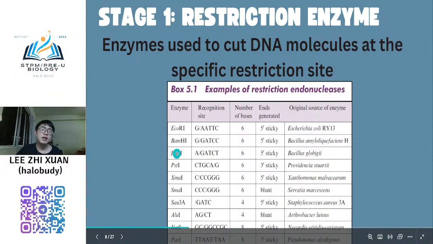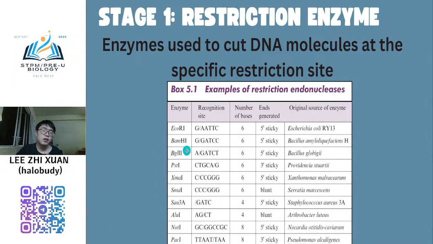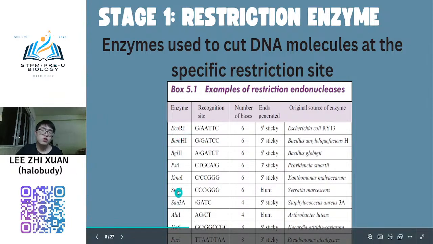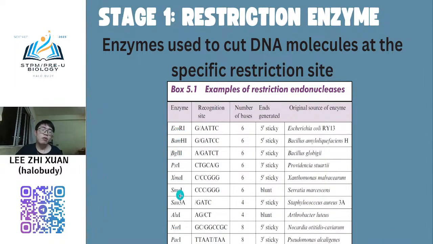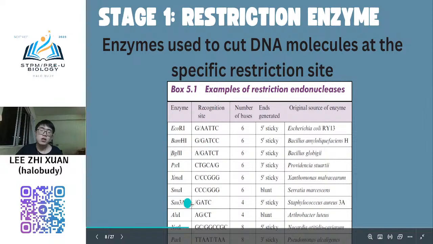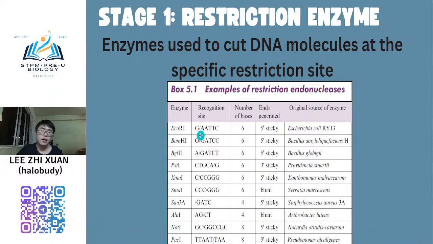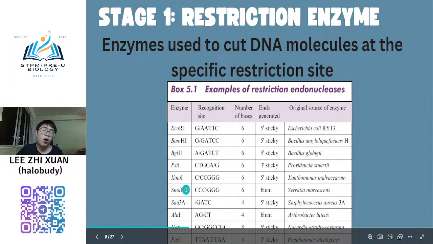In our syllabus, we only learn 2 enzymes, which are EcoRI and SmaI. You need to remember the recognition site, restriction site. EcoRI will only cut GAATTC. And SmaI only cuts CCCGGG.